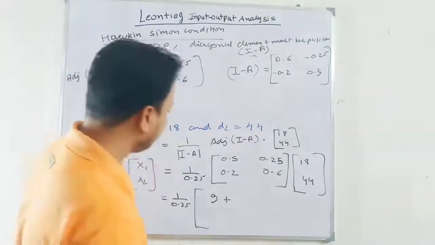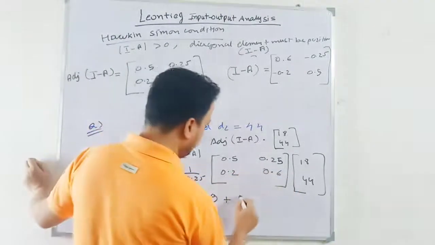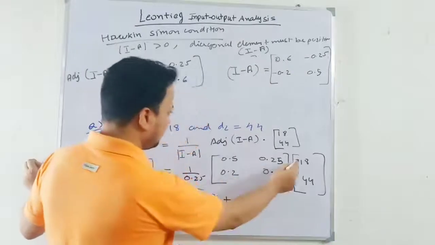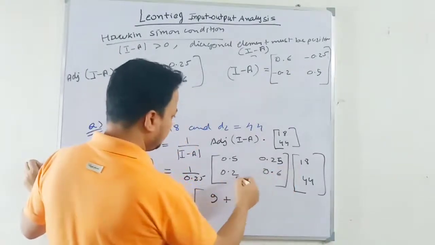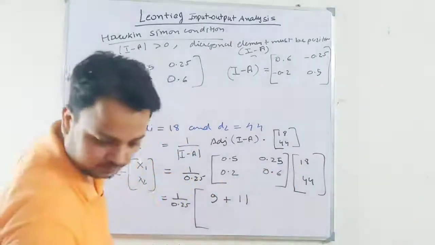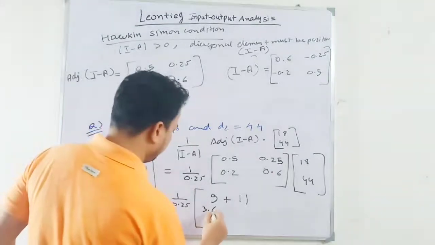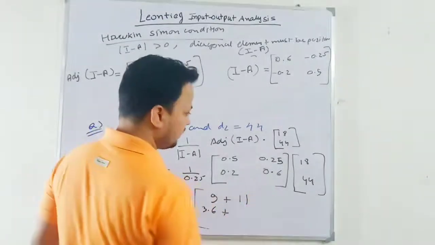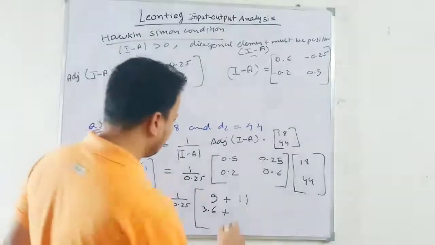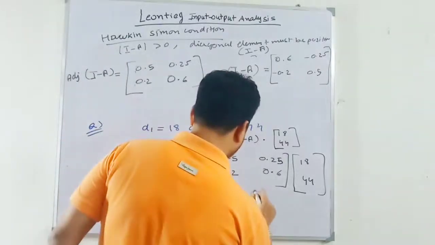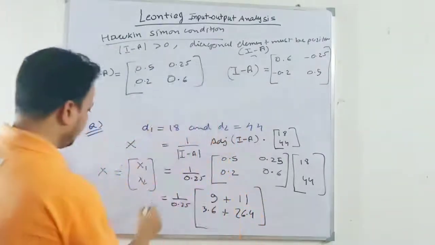Multiplying this with this will give you 11. This with this, 3.6. Okay. 3.6 and 0.6 into 44 is 26.4. Okay, so you get this thing.